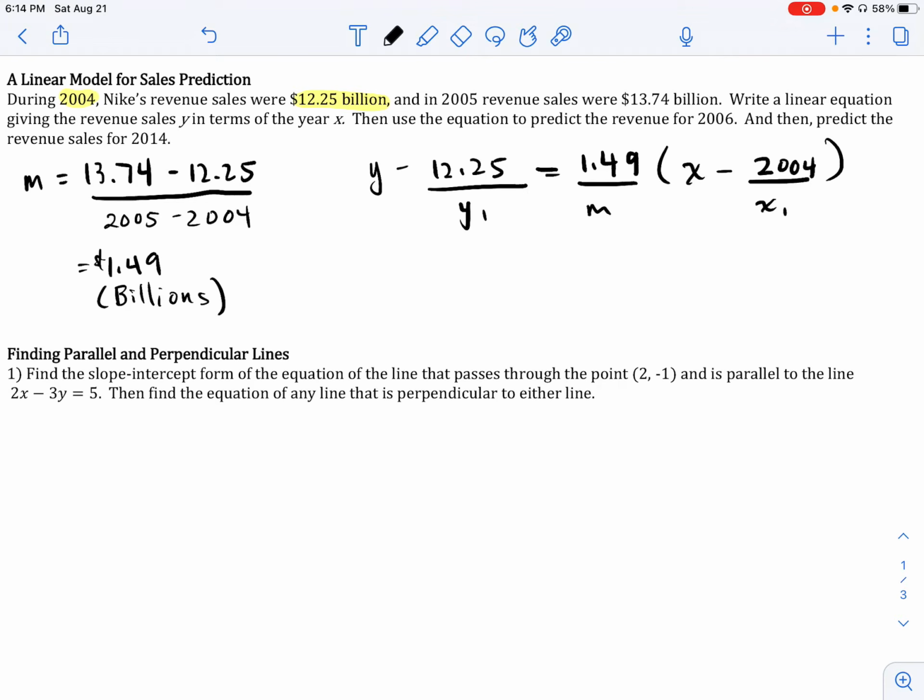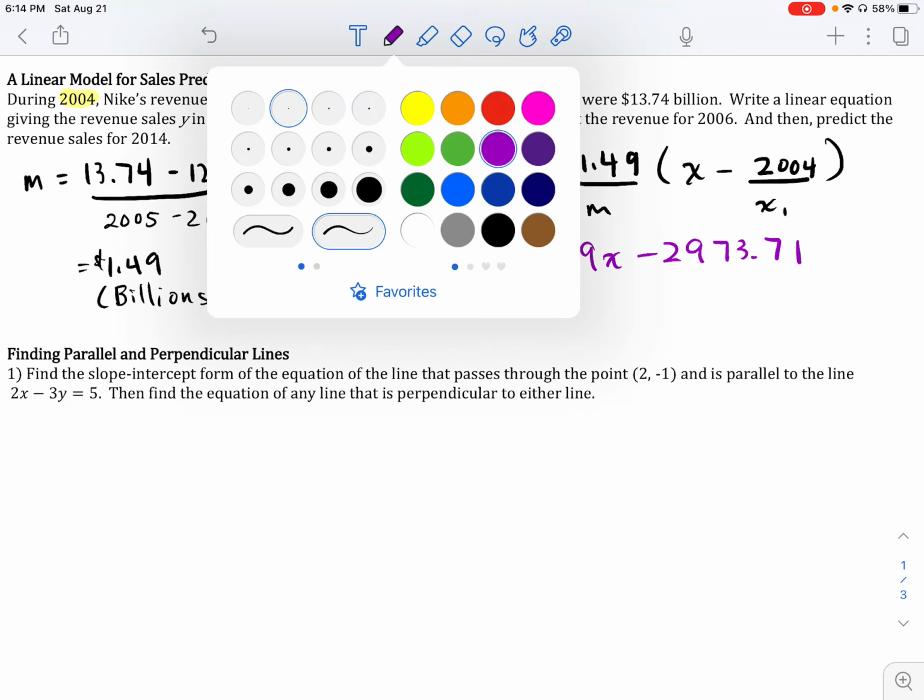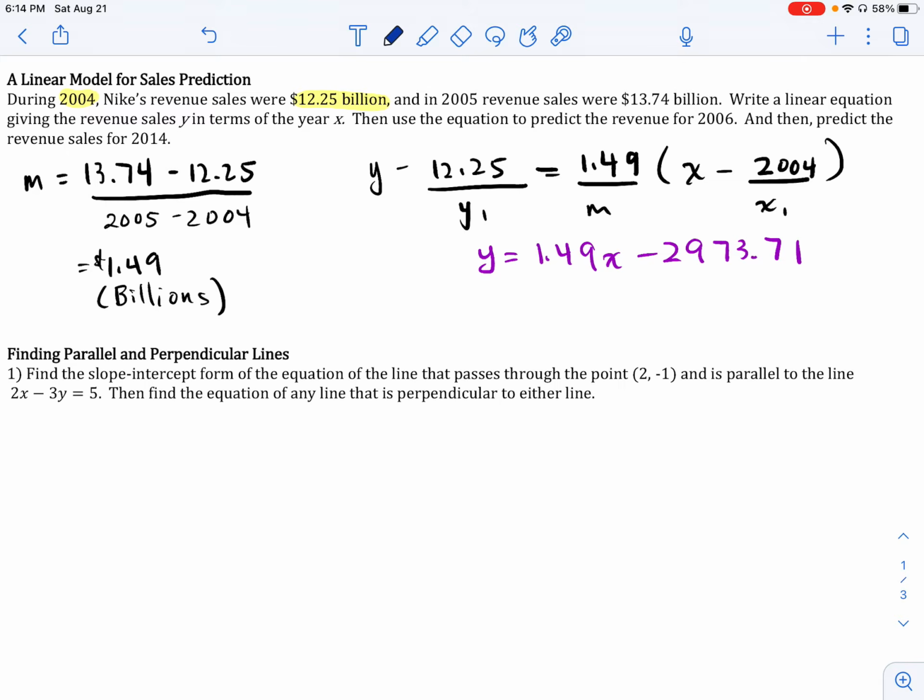Now, if you wanted to write this in slope-intercept form, we can just simplify. And if you are interested in doing that, go ahead and try that. And if you want to compare, you should get 1.49x minus 2973.71. So we're going to use this model now to come up with the revenue prediction for 2006.